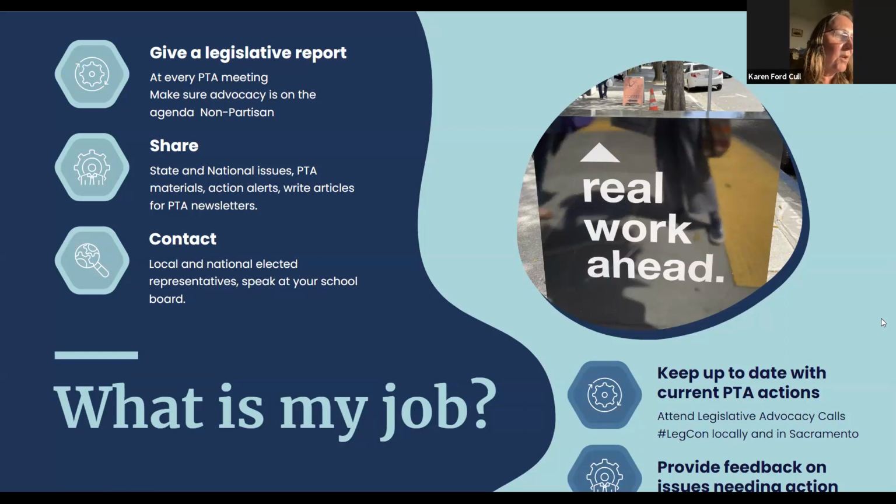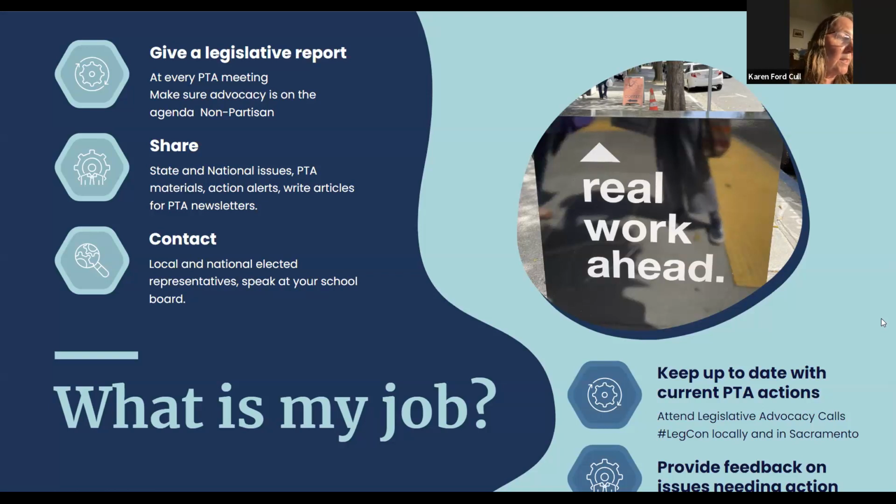I see my role as making sure that you've got something to report. Your job is to share state and national issues, PTA materials, action alerts, and write articles in your PTA newsletters about the legislative priorities.